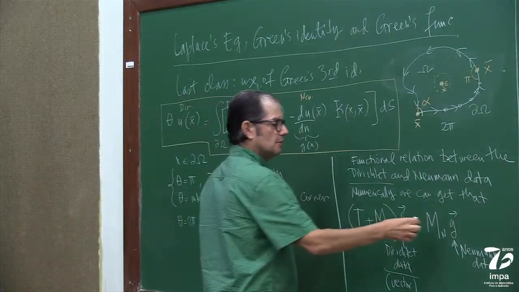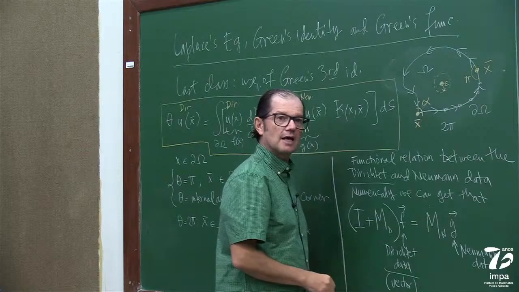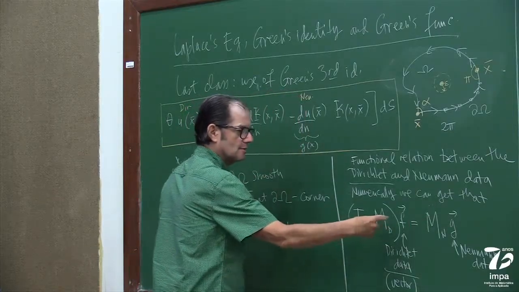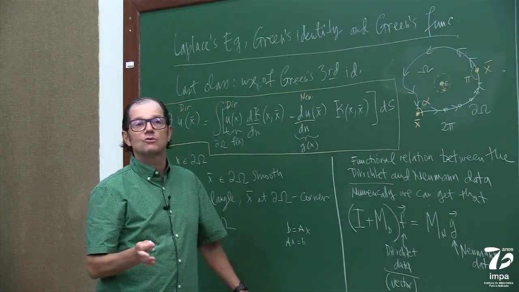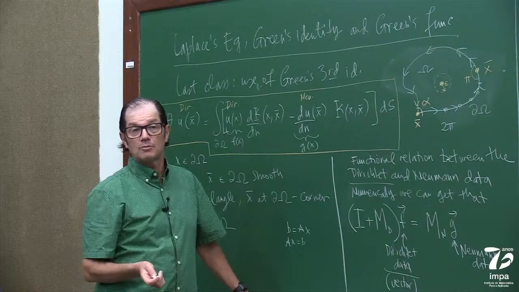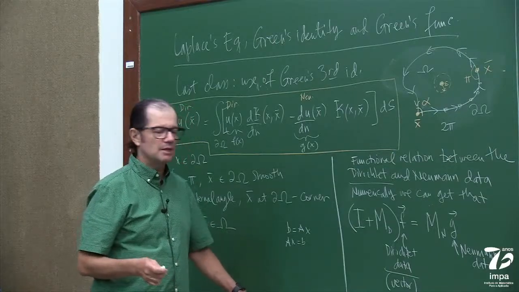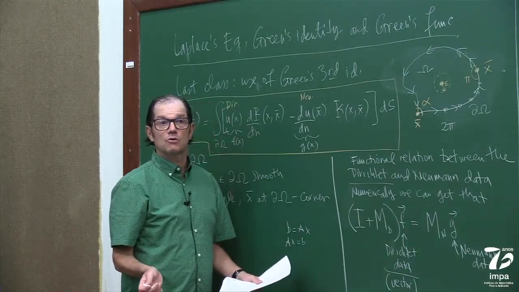If you give me the Neumann data, then I have to invert this matrix and I get the f. So then I have the system which is Ax equal to b. In this way, I'm just showing you that it's invertible. But not always. Sometimes this problem is ill-conditioned. For those of you who know a little bit of numerical analysis, the condition number of these matrices can get big, and so on. Anyway, this is not a numerical course.